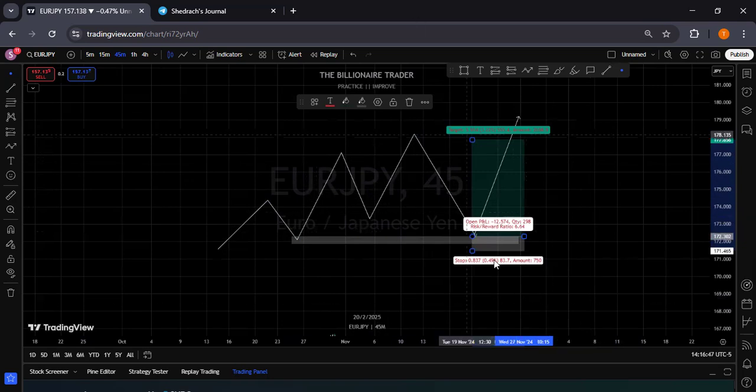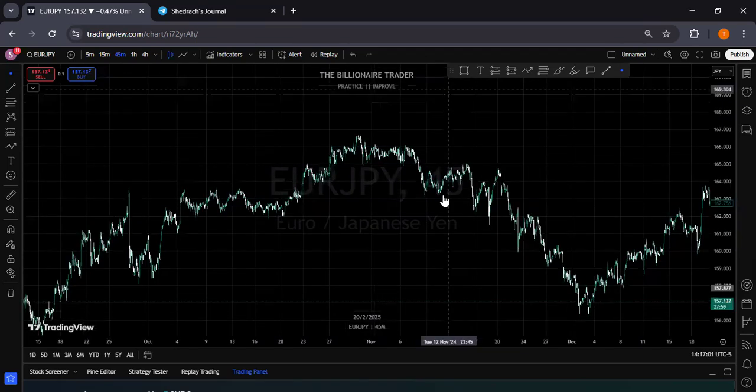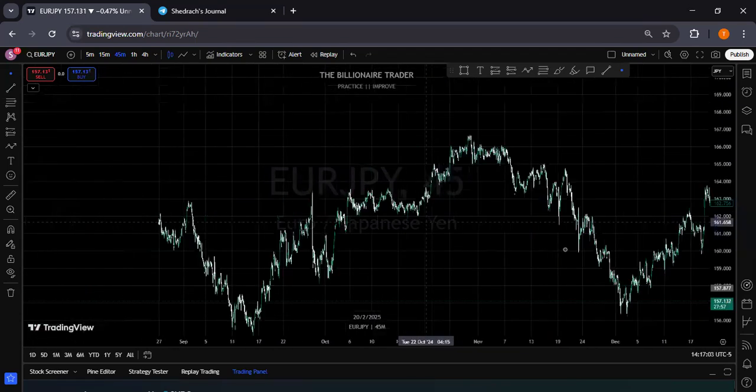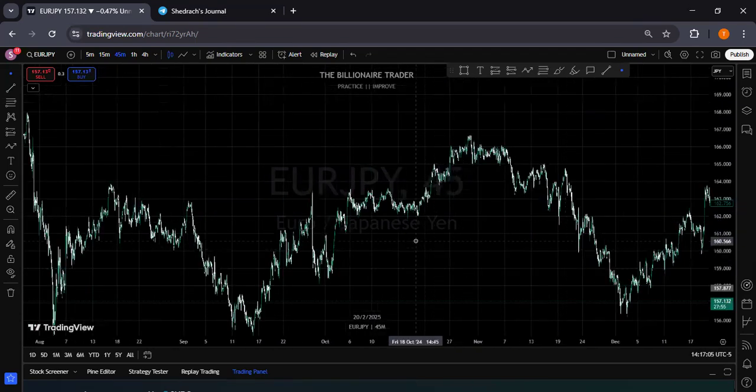Do you get that? For the market to respect it. Now, after all that, let's head over to the chart to see if we can actually find something like that.